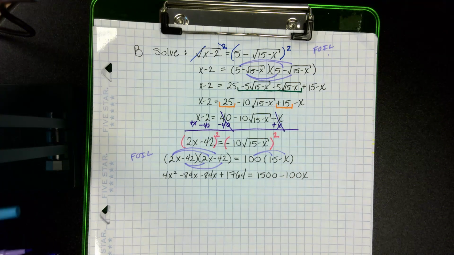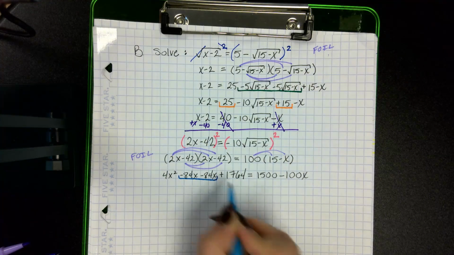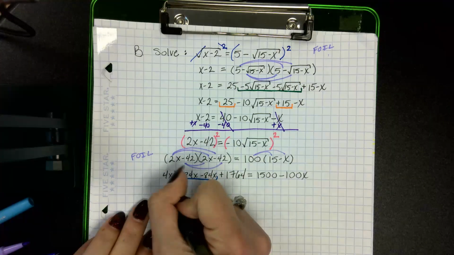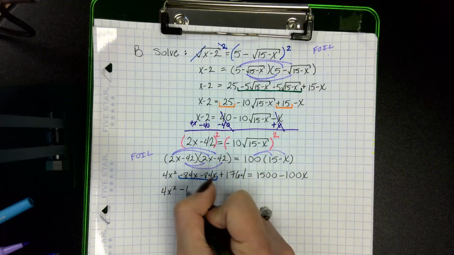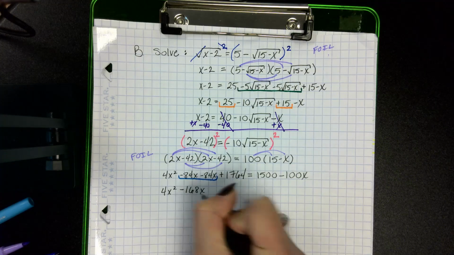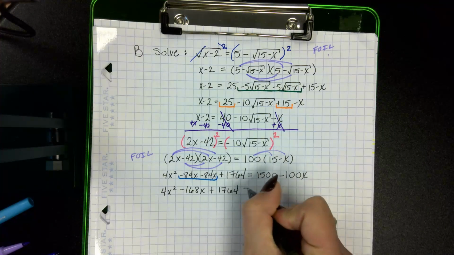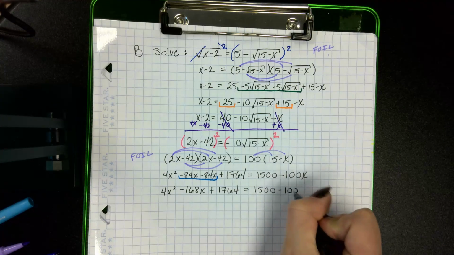And then I have like terms in the middle from where I multiplied them together. So if I simplify that, it's 4x squared minus 168x plus 1764 equals 1500 minus 100x.